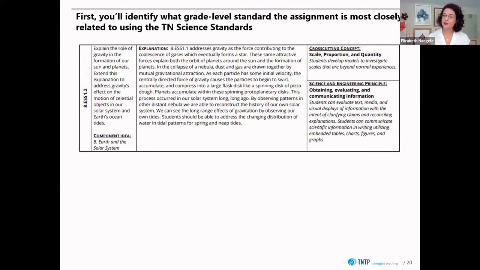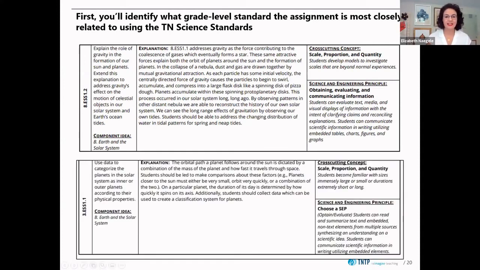You might also have been tempted to select this 3rd grade standard if you're trying to decide between the two. I see some nods. Everyone's afraid to put a 3rd grade standard in the chat, but this 3rd grade standard also is about planets and has some language around categorizing planets based on properties. So if we're looking for the closest match, this 3rd grade standard is probably our closest match.